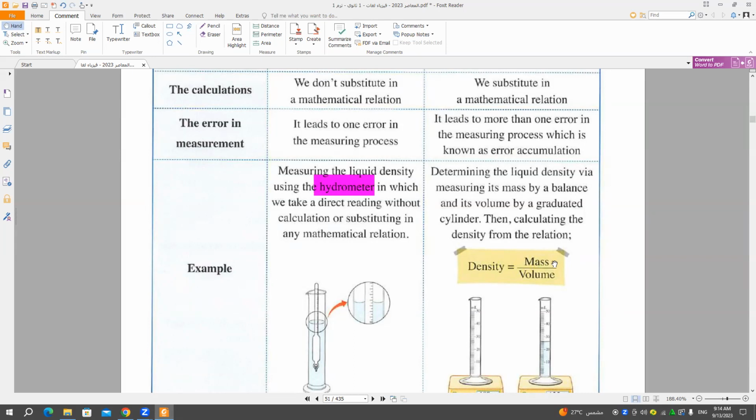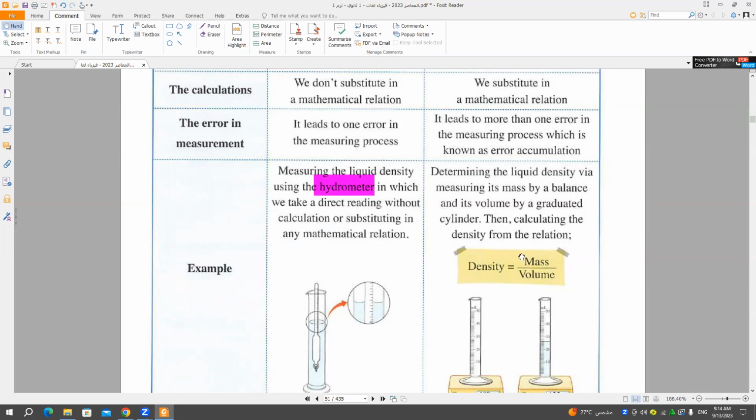You may calculate the mass and get an error. Then the volume of the liquid, you will get by using the graduated cylinder. Maybe an error occurs here, or an error in calculating the density by using your calculator.